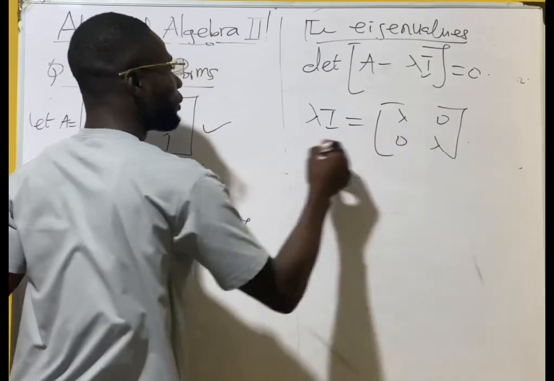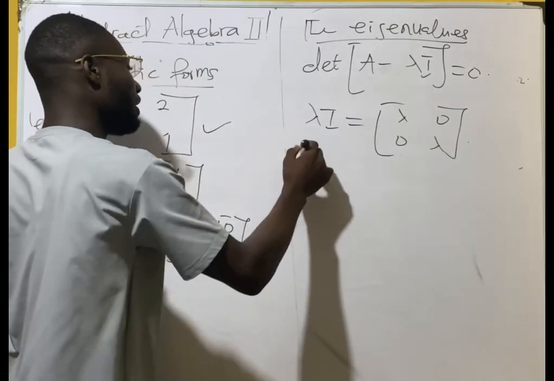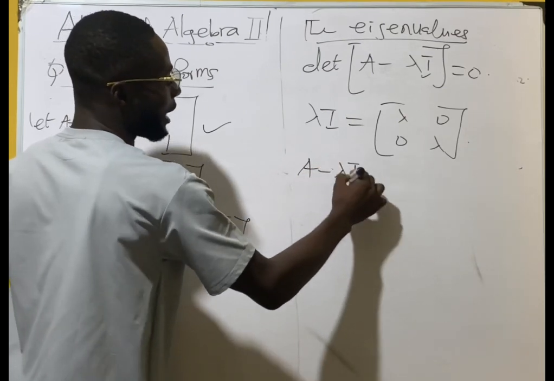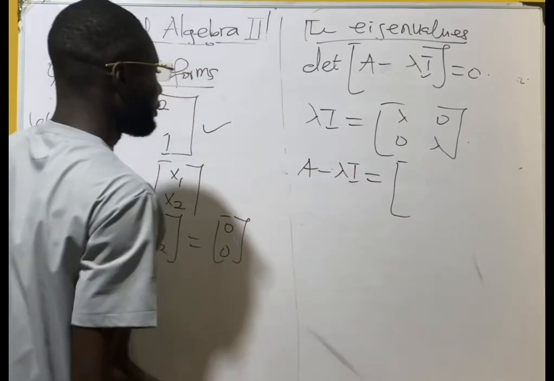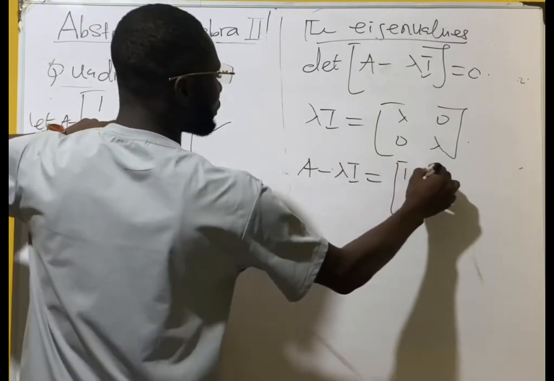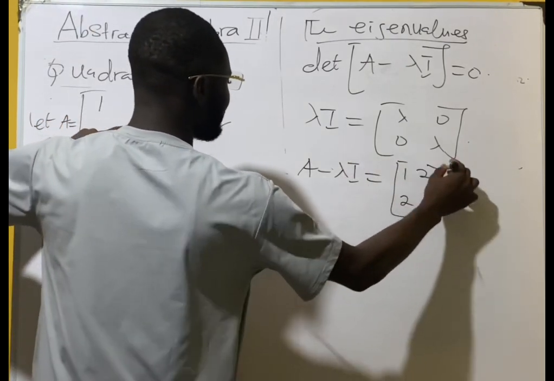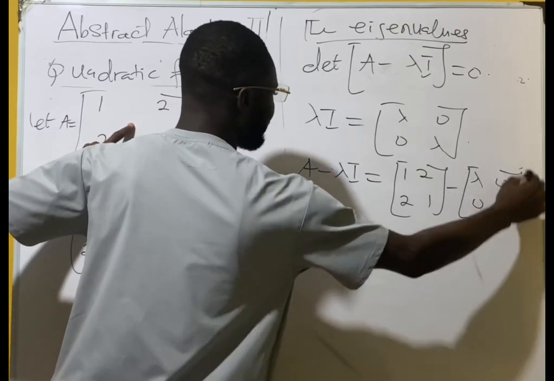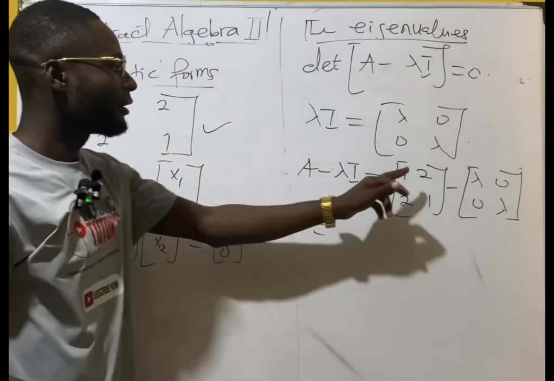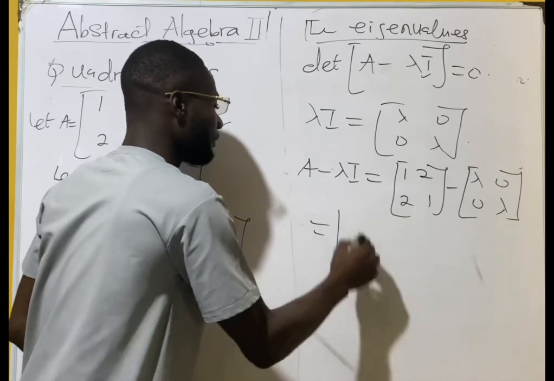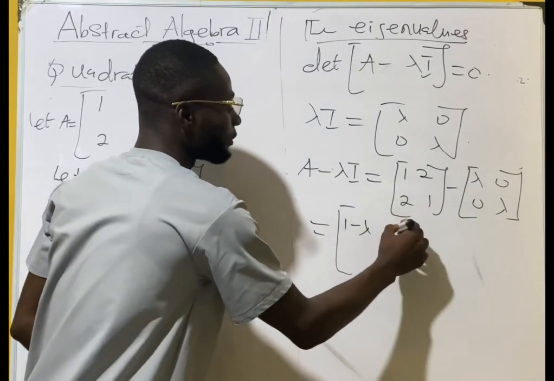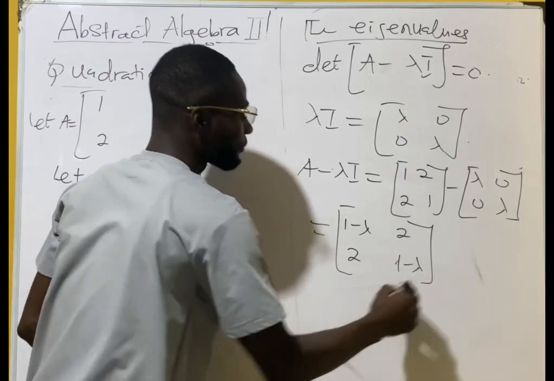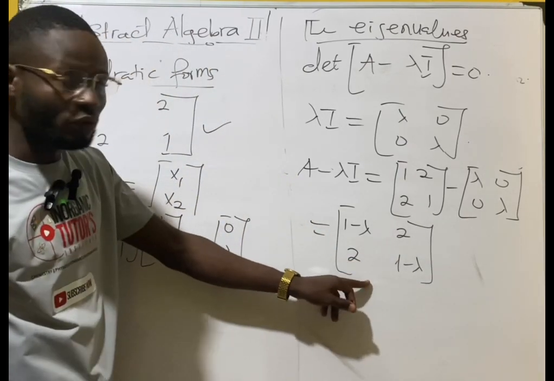So we take this from the matrix: A minus lambda I equals 1, 2, 2, 1 minus lambda, 0, 0, lambda. So we have this minus this: 1 minus lambda, 2, 2, 1 minus lambda. So we need to find the determinant of this.